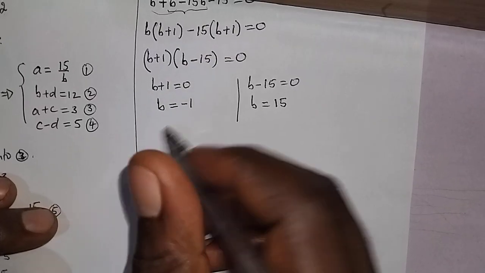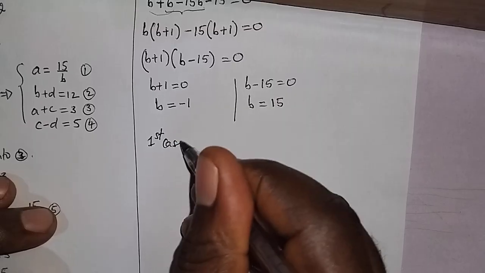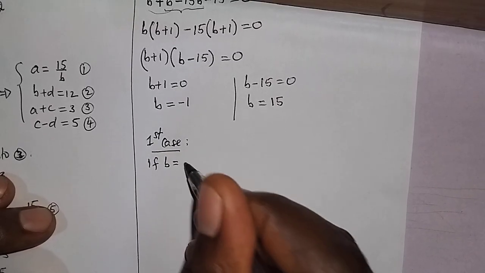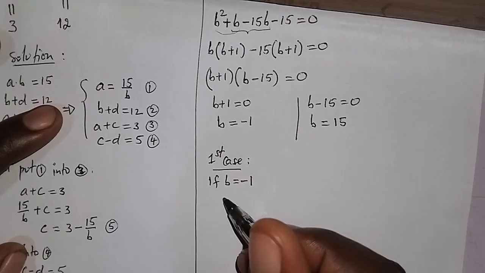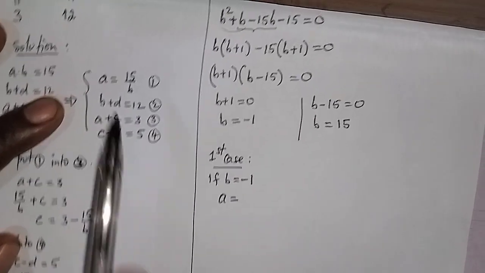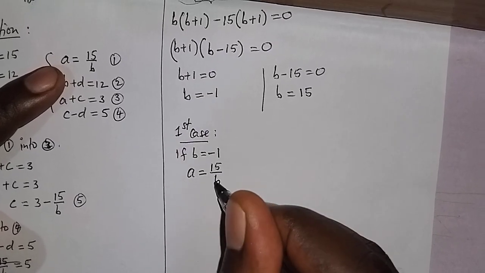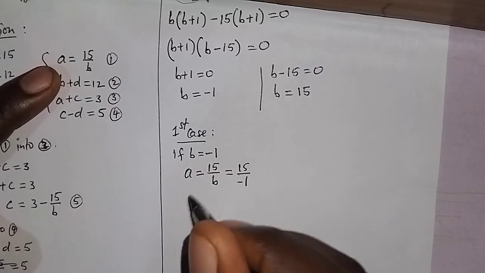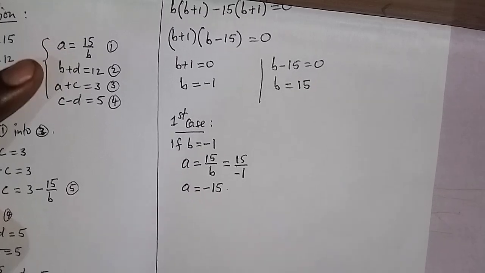And then case 1. First case, if B is equal to negative 1, A is equal to 15 over B, which is equal to 15 over negative 1. A is equal to negative 15.